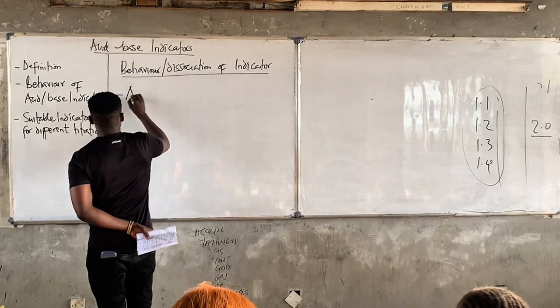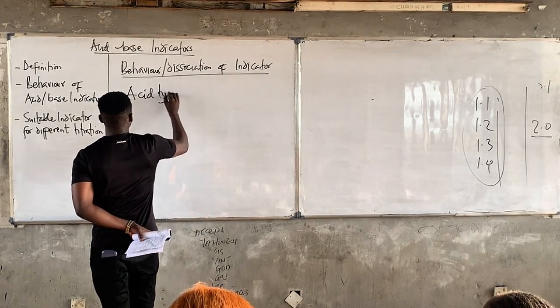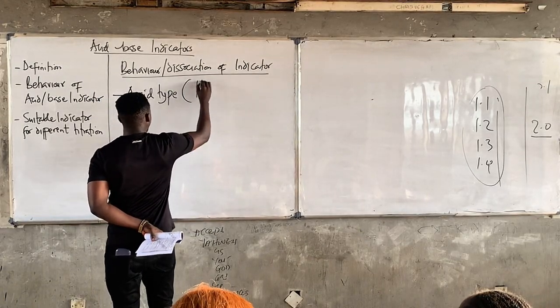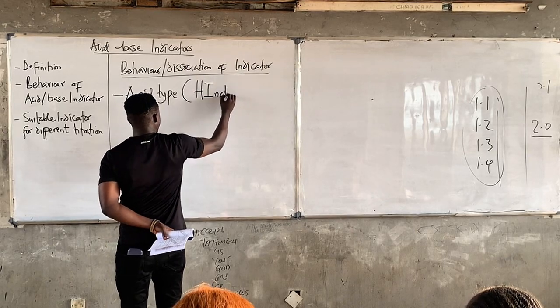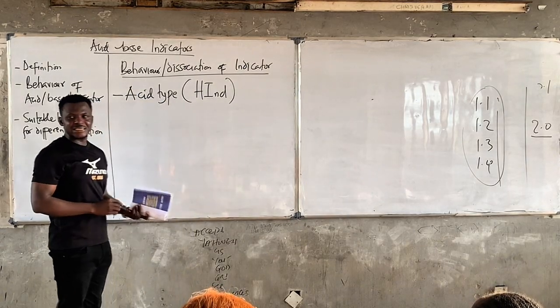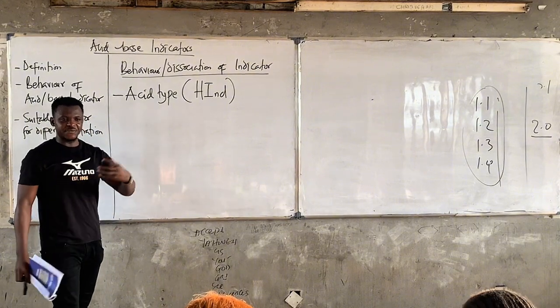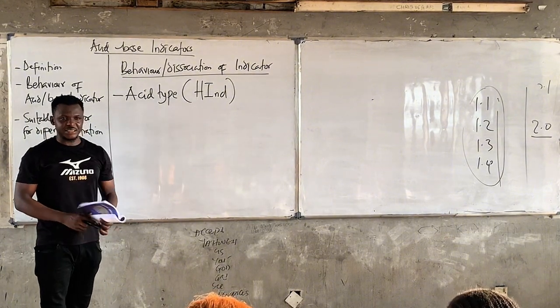Now, class, we have two types of indicator. We have the acid type indicator, which has a symbol of HInd. This H is very, very important to show that it is an acid. Acid will always give out H. That is why this H is present here.